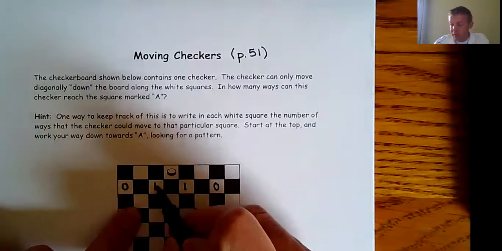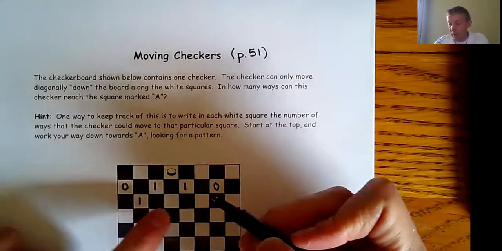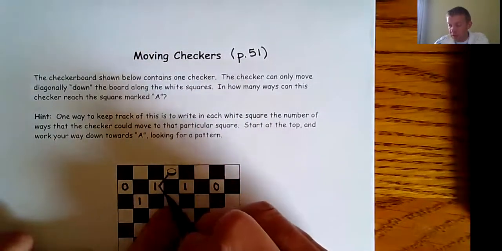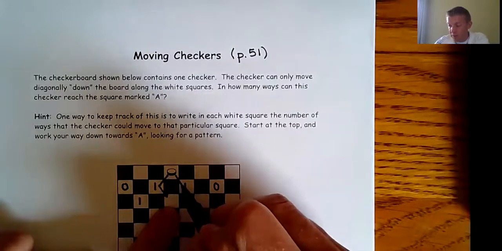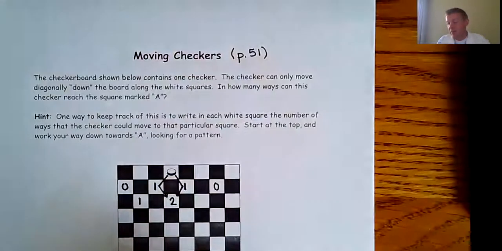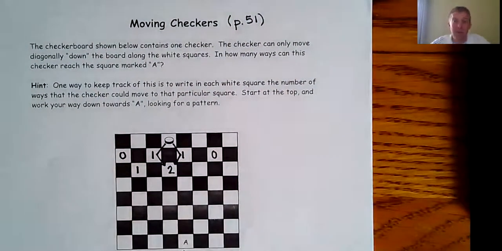I can just slide left, slide left. It's the only way I can get there. But how many ways can I get here? Well, I can go this way to here, or I can go this way to here. There's 2 ways to get there. So see if you can figure out how many ways there'd be to get to spot A. And again, Pascal's triangle does come into play.